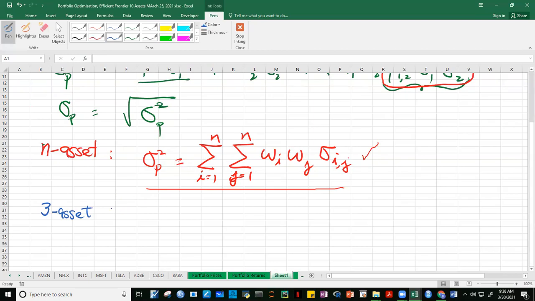Let's say we have three assets: asset 1, asset 2, asset 3. In order to perform this, we pair them. What are our pairs here? How many pairs? 1 and 2, right? Then 1 and 3, then 2 and 3. Correct? Is that right?